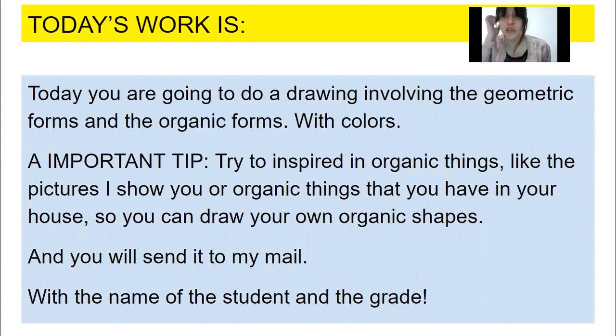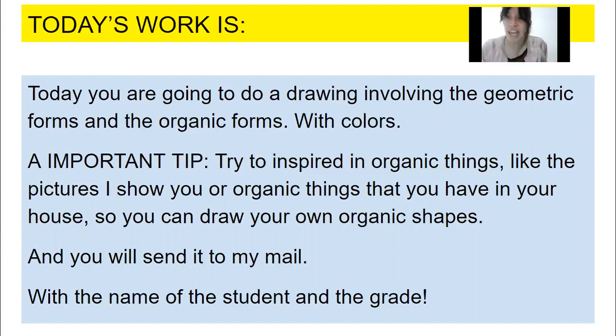When you're doing your organic shapes, try to be inspired by something that maybe you have in your houses, like rocks. Maybe you have some beautiful rocks as an ornament in your houses. Maybe you have snails, seashells, or plants. Take a look at the plants that you have in your house and take flowers.